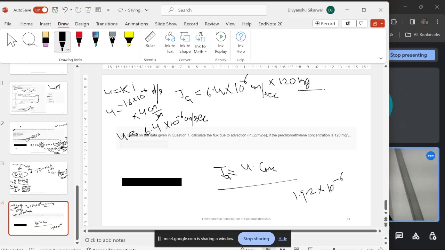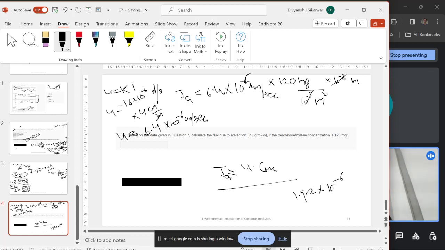Milligram per liter. Liter we have to convert into meter cube with 10 to the power minus 3 meter cube. So here we have centimeter, right? Yes. Centimeter also, if you convert it will be 10 to the power minus 2 meter. Understood.